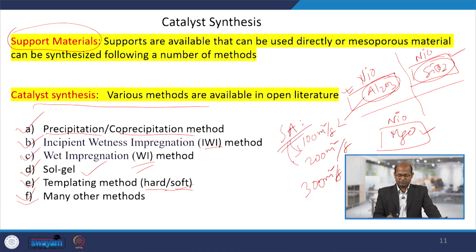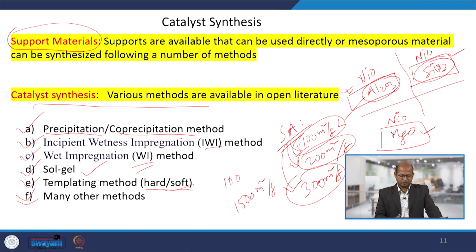Supports have different surface areas, and that depends on the porosity of the supports. Also the support stability is very important. Sometimes a support is highly porous, with 1000 or 1500 meter square per gram surface area, but the support stability is not good.